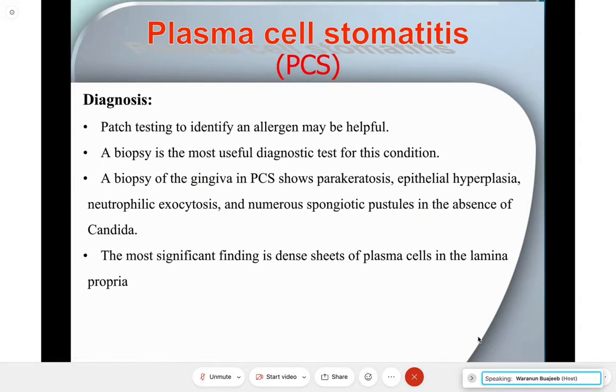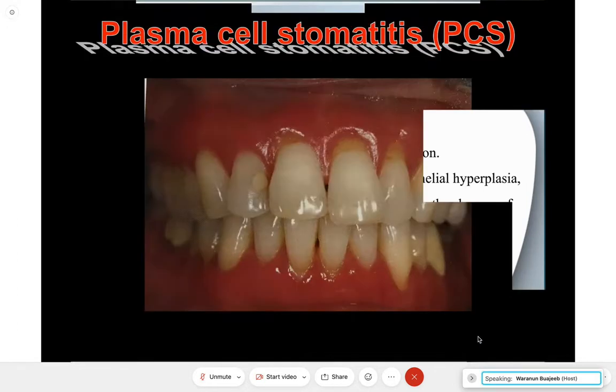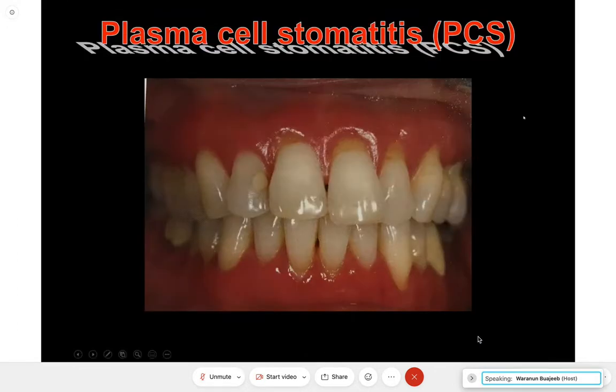Let's see the clinical picture first. You can see the swelling, edema and erythema of the gingiva, both marginal and the whole attached gingiva, generalized, not similar to plaque-induced gingivitis or periodontitis.